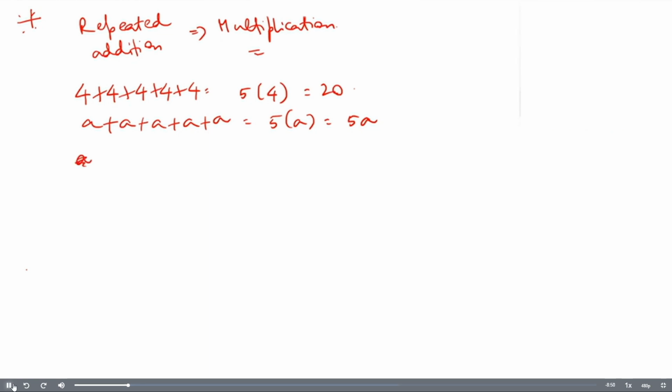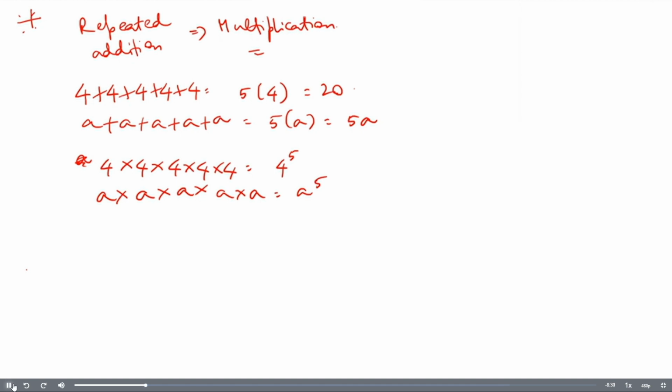4 into 4 into 4 into 4 into 4 is equal to 4 to the power 5. Similarly, 8 into a into a into a into a into a is a to the power 5.